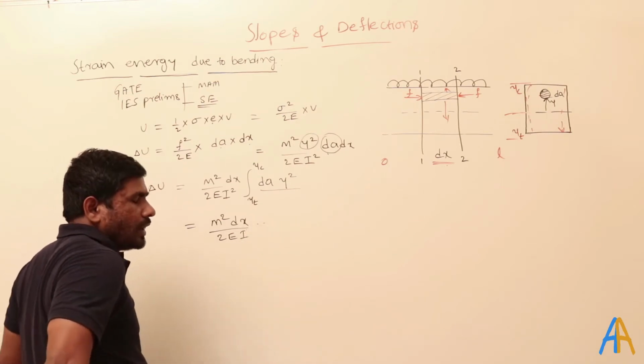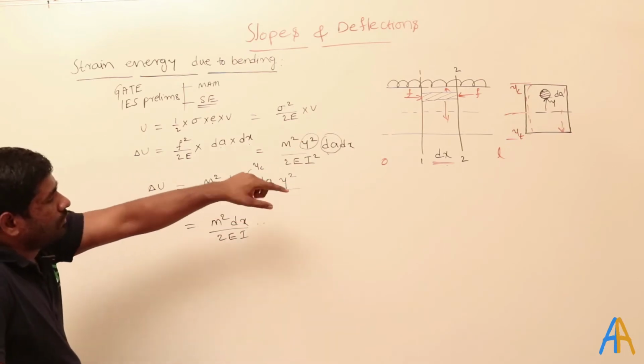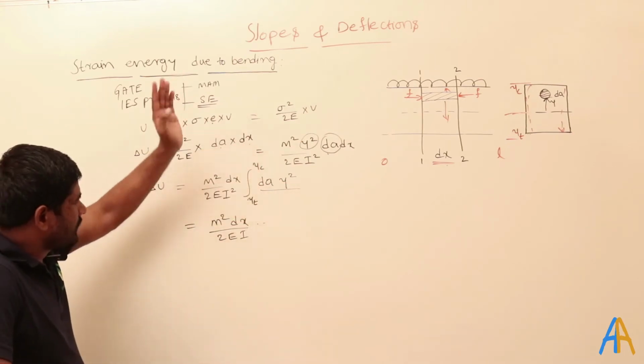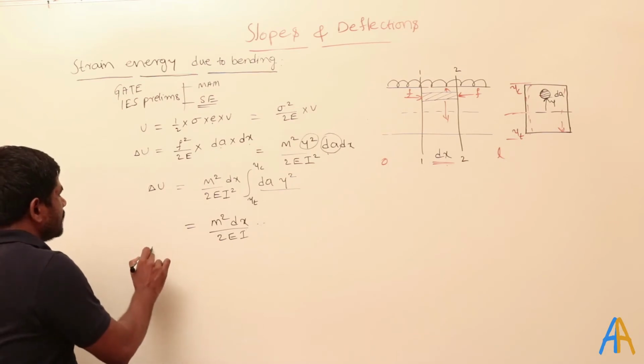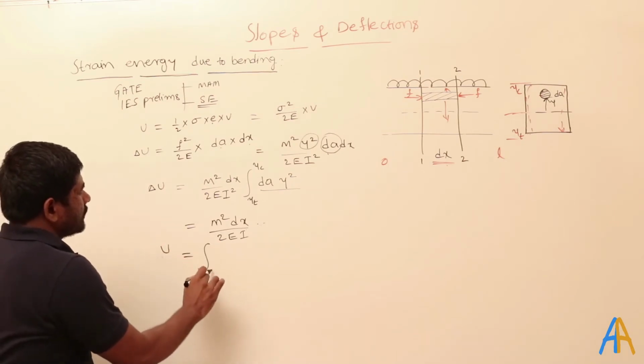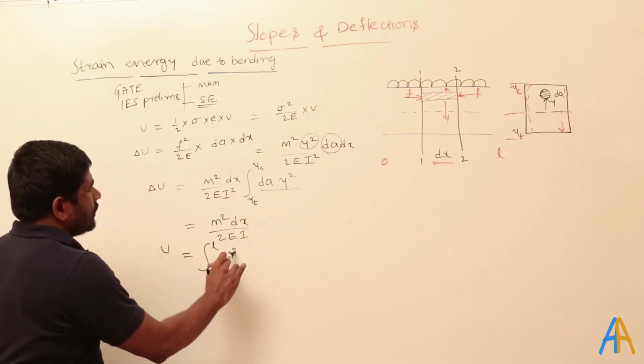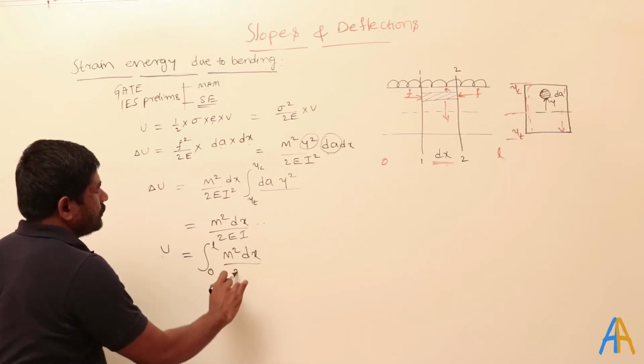And this is the strain energy for the distance dx on the entire cross section. If I want the strain energy for the entire length from 0 to L, then it becomes M square dx divided by 2EI.